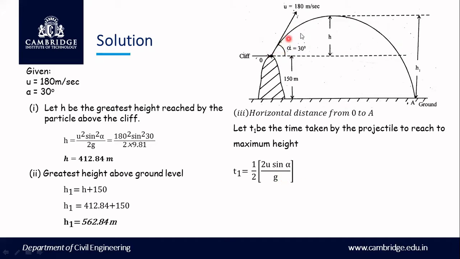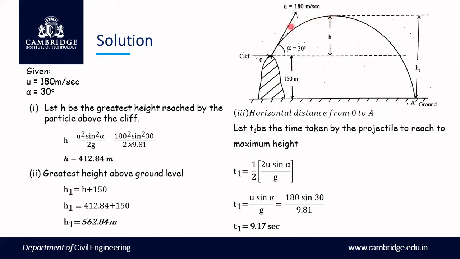But you just want to know only for this much portion, so you just take half of the normal time of flight. So T1 will be half of the time of flight. Substitute, simplify further, and you will get T1 is equal to 9.17 seconds. So the projectile will take about 9.17 seconds to reach this maximum height.